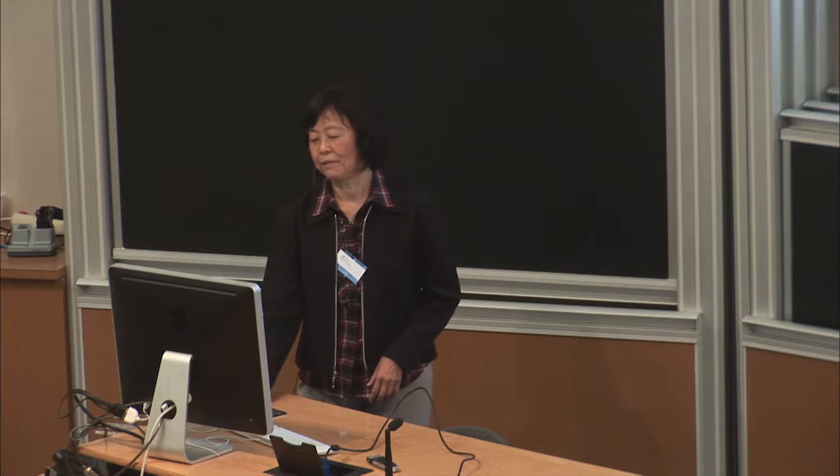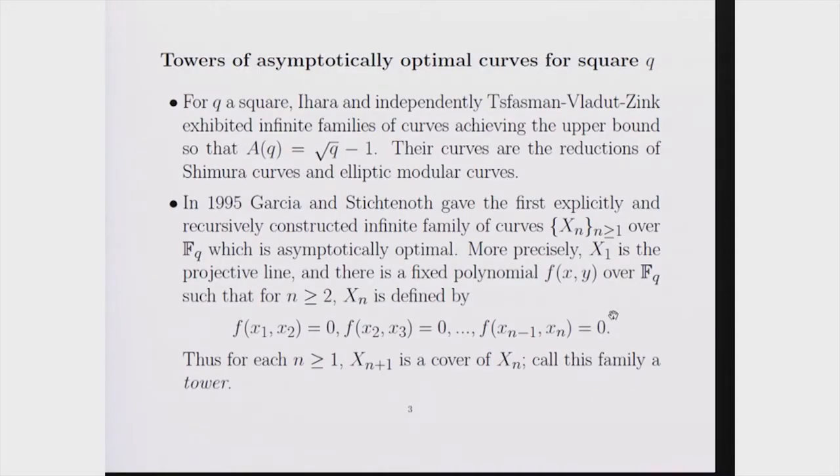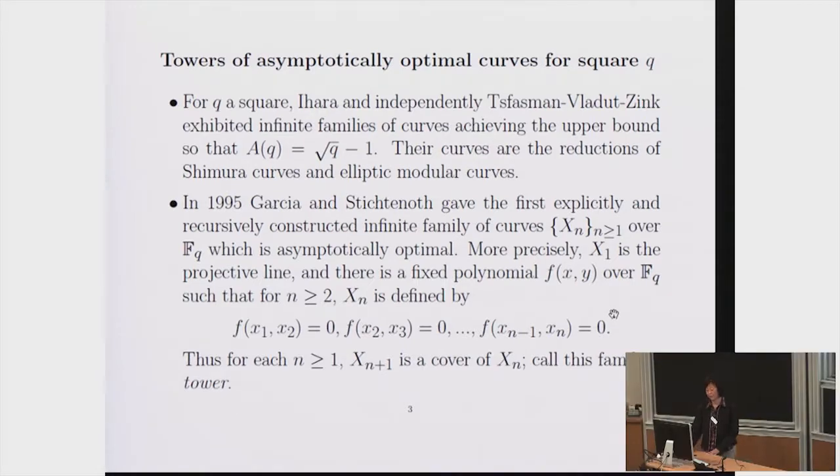So in 1995, Garcia and Stichtenoth gave the first explicitly and recursively constructed infinite family of curves over a given field F_q with square cardinality. Their family is asymptotically optimal, meaning that the limit achieves the bound root q minus 1. Their construction is very beautiful. They start with the projective line over F_q, and then they begin to build up.